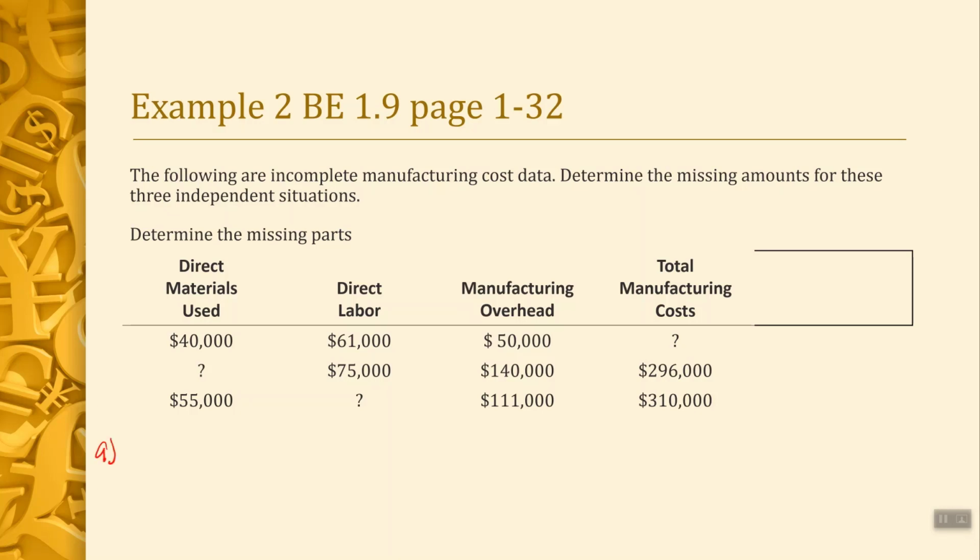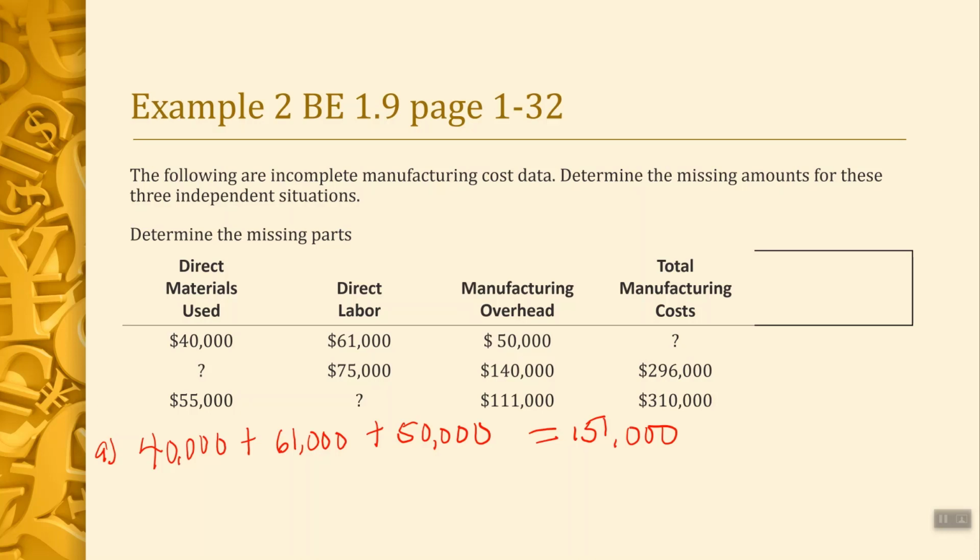We have 40,000, which is direct materials, plus direct labor, 61, plus manufacturing overhead, and that gives us what our total manufacturing cost should be, which you should have 151,123.